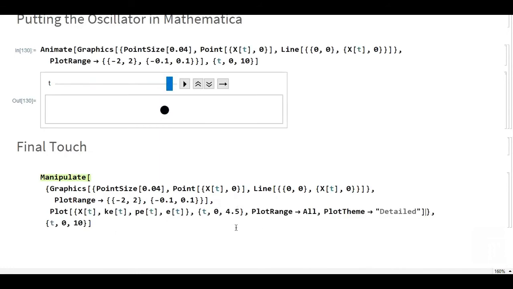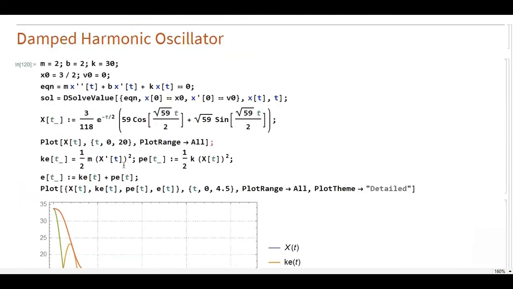But there is a catch right now, because you see that in this plot all of them are functions of time, and you are also plotting over time, also you are manipulating over time. So what you can do is one of the oldest tricks in the book from Mathematica: once a function is declared you can just change the argument and it will take the definitions that were declared before.